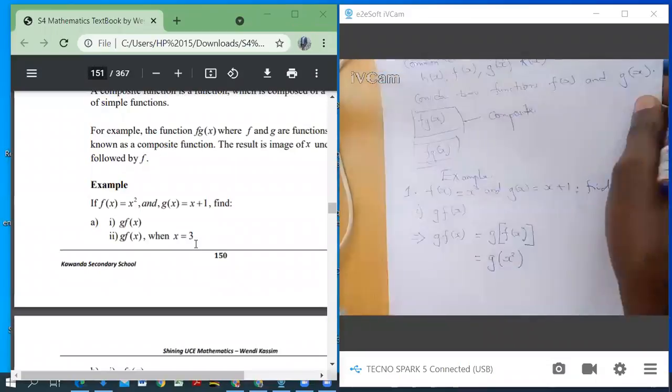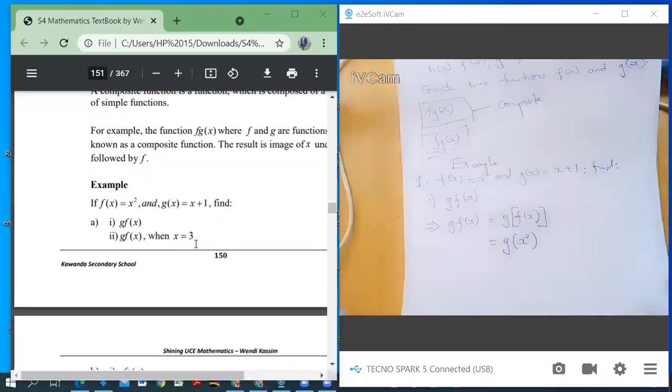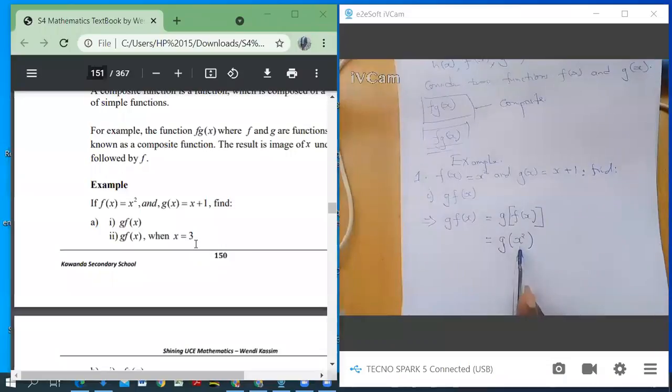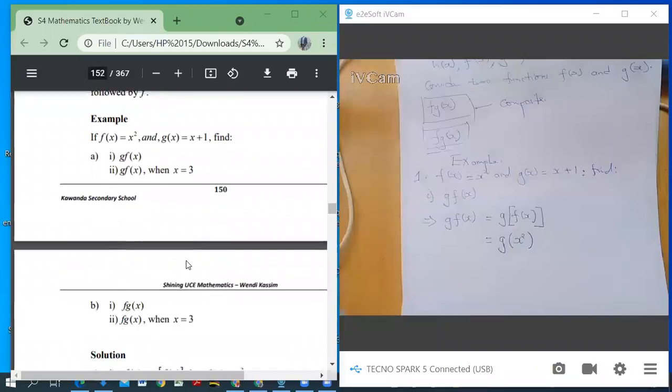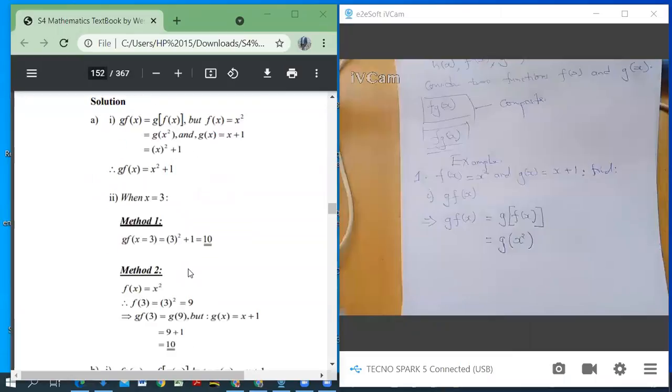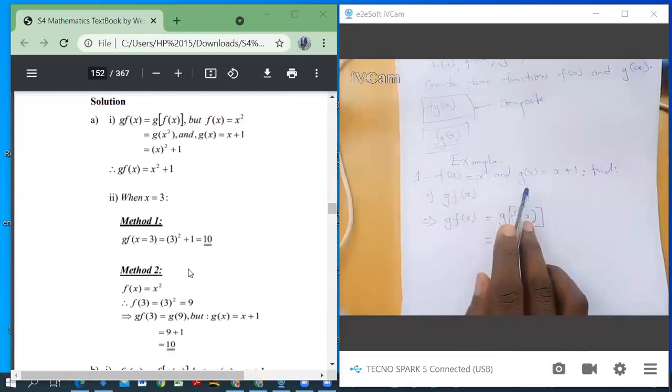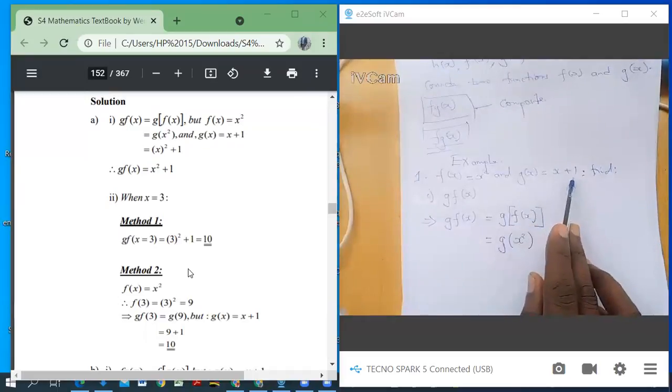After replacing that, this x squared becomes a single value. Now you have to go back to where there's g of x. g of x was given as x squared plus 1.